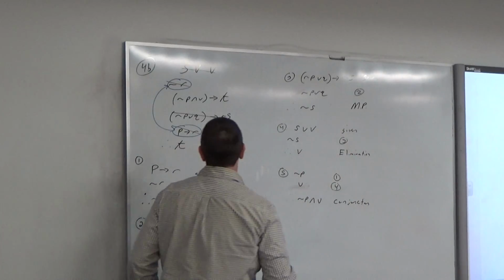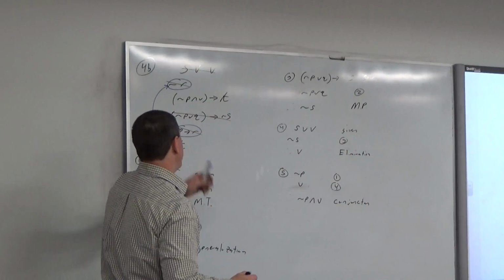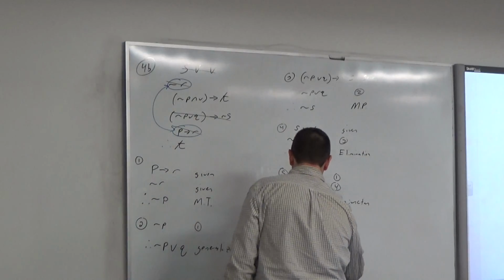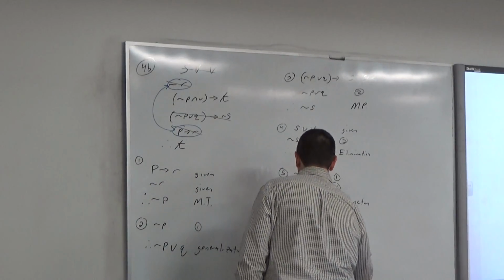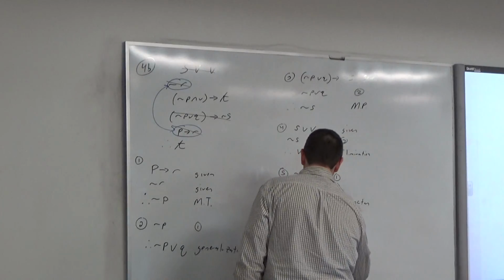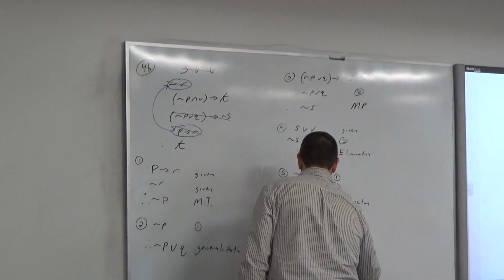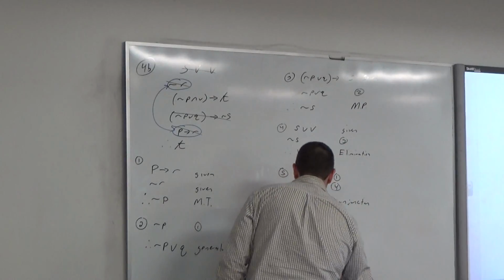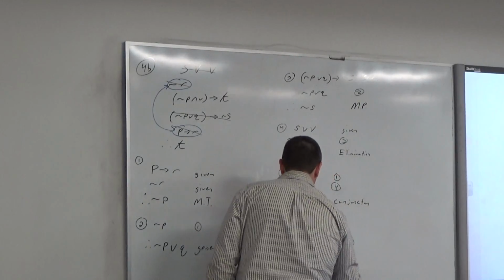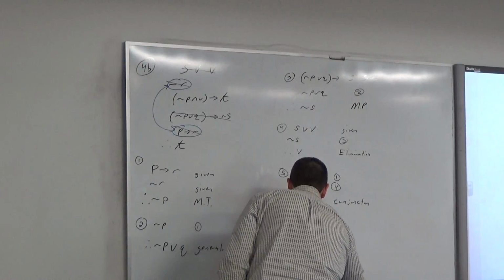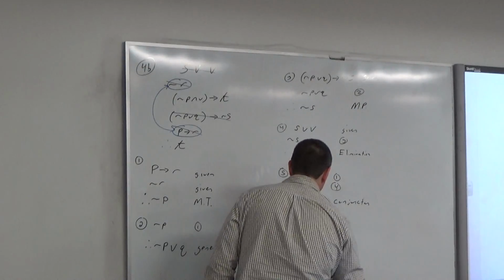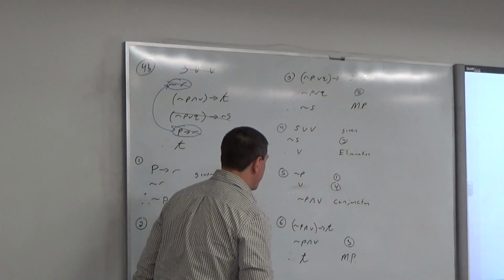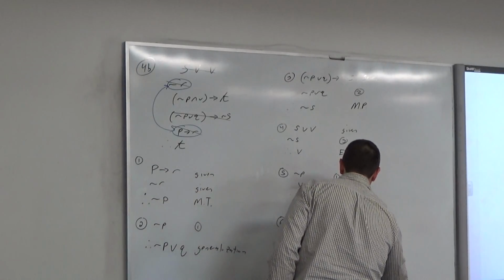And then finally, because we have that, we can get to the T that we need. Okay, so 6, we could say not P and V implies T. We have not P and V from step 5. Therefore, we have T. And that's by modus ponens again. And this guy's good. All right, so let me get out of your guys' way.